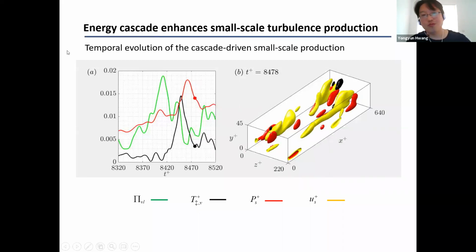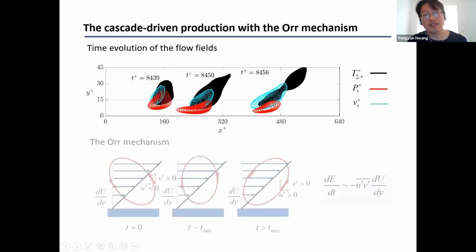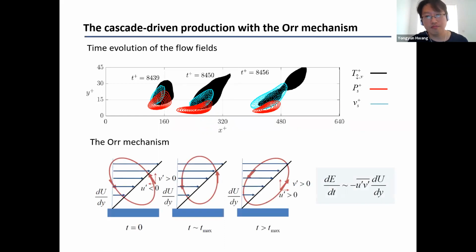Then what is going on with that particular fluctuation is this. If you check the side view of these fluctuations again, you will see that the large production takes place when those structures are gradually tilted downstream. Okay, this is the famous Orr mechanism.